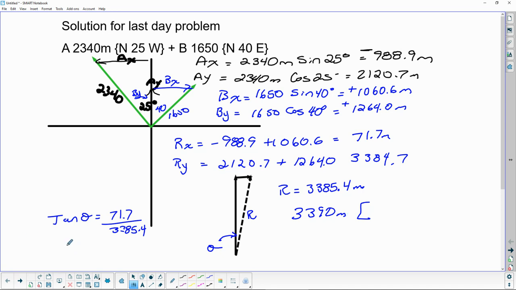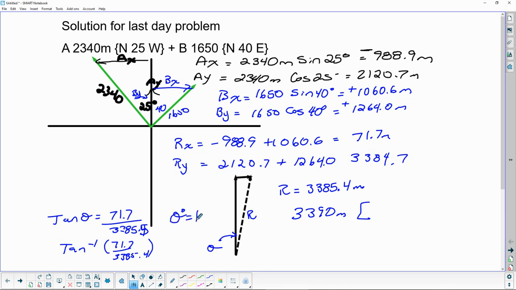And we're going to take the inverse tan of that. Okay, when we do that huge inverse tan thing, actually it's closer to 70. This is a 5, but it doesn't really matter. I get about 1.2 degrees.